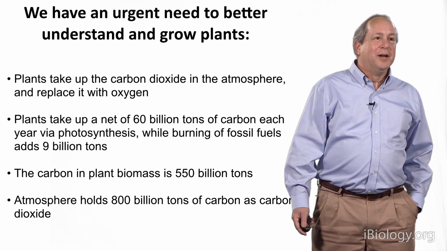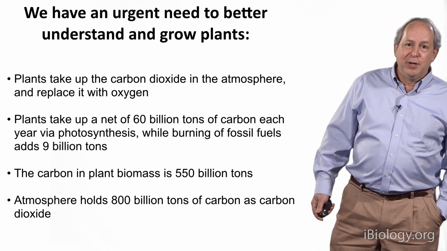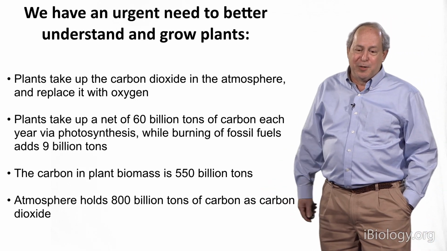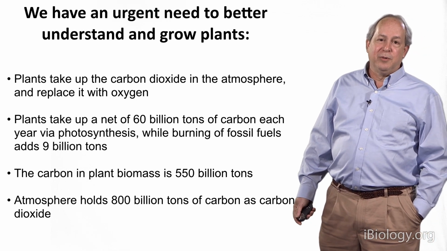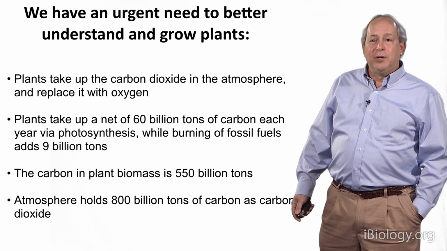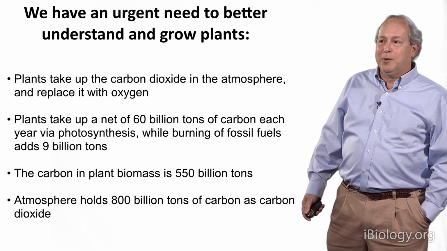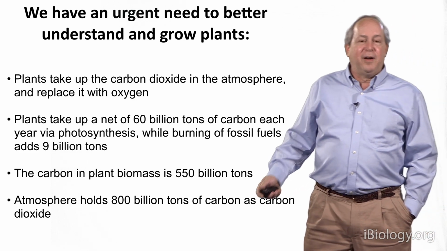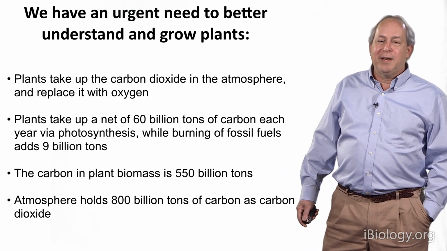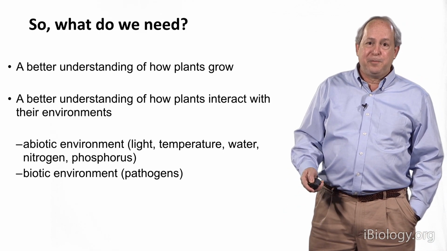If, on the other hand, we denude the land of plants and the carbon that's stored in the wood and other parts of those plants is released back to the atmosphere, we'll exacerbate the problems that we're causing by burning fossil fuels. And so plants play a major role in the carbon cycle, and to mollify the effects of human activities on the carbon cycle, we also have to learn more about plants.